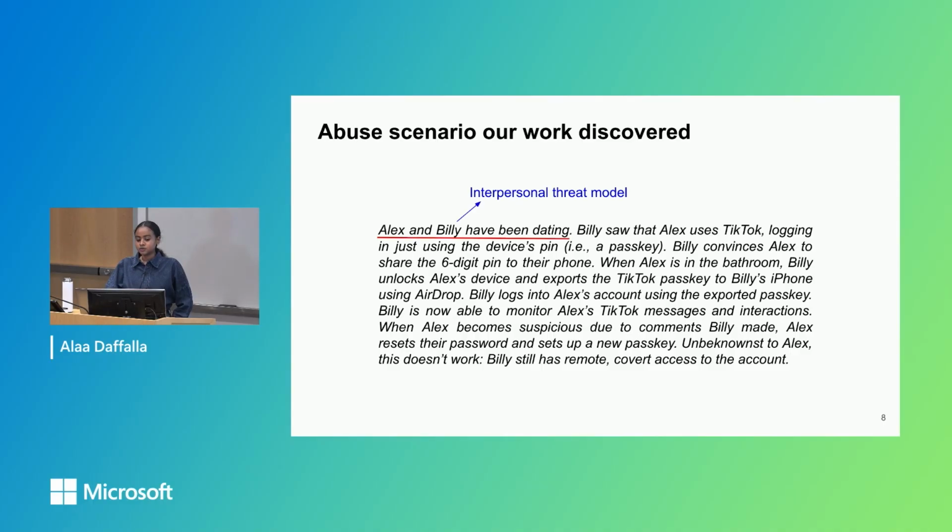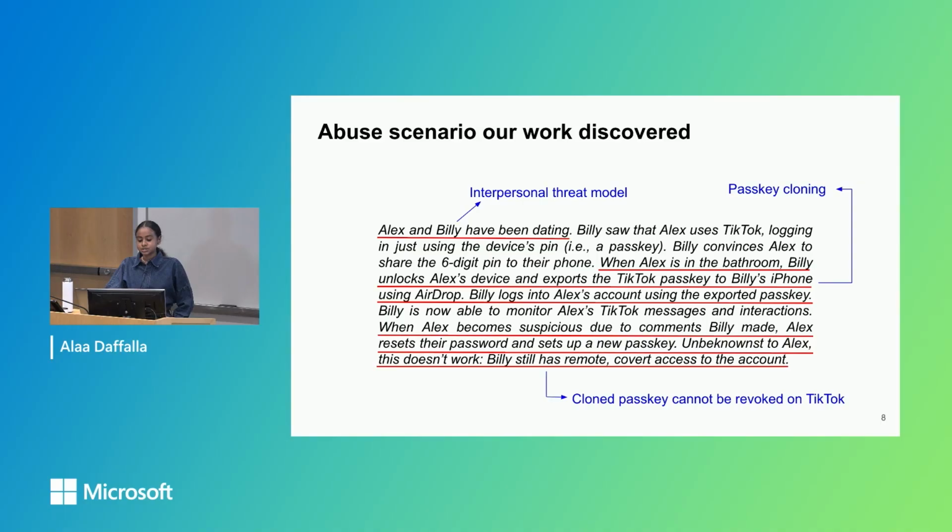So there's clearly an interpersonal relationship between Alex and Billy, given that they have been dating. The abuse vector that Billy exploits is passkey cloning, which is the part where Billy makes a copy of the passkey and exports it to their own device.